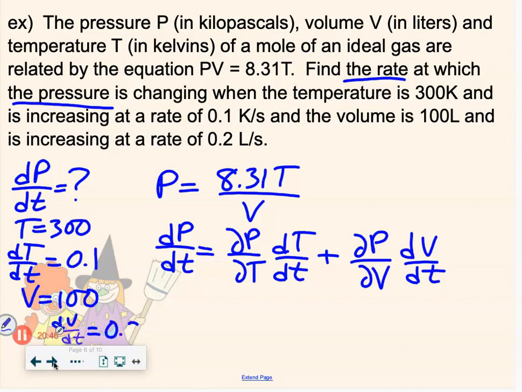Times 0.1. And then plus, so negative 8.31 T over V squared times 0.2.